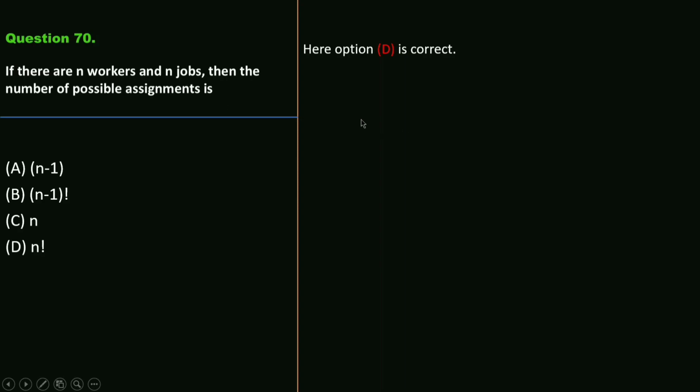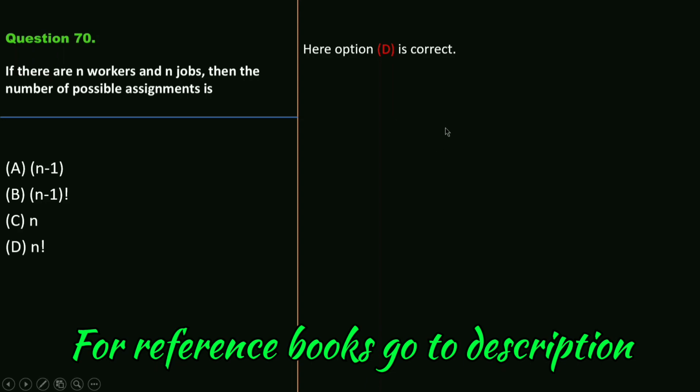The first worker has n possibilities, the second worker has n minus 1 possibilities, and the third worker has n minus 2 possibilities. Multiplying these terms, we get n into n minus 1 into n minus 2 and so on up to 1. So this gives us n factorial. So option D is correct one.